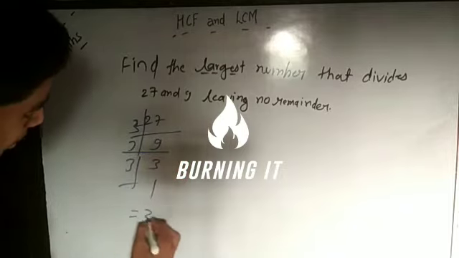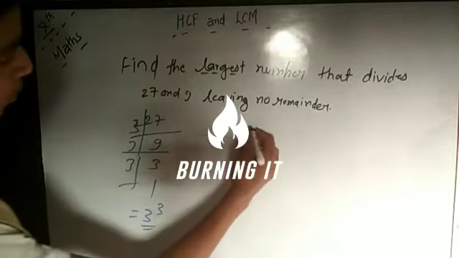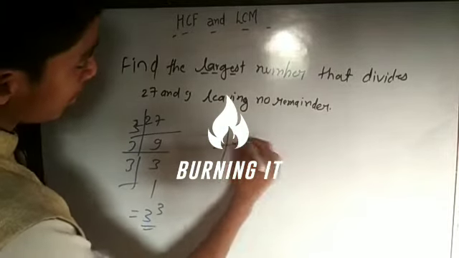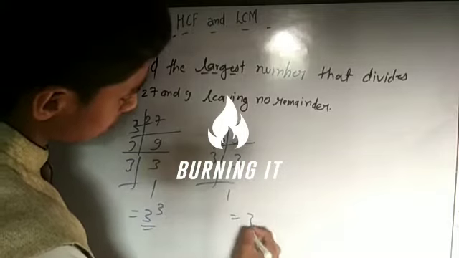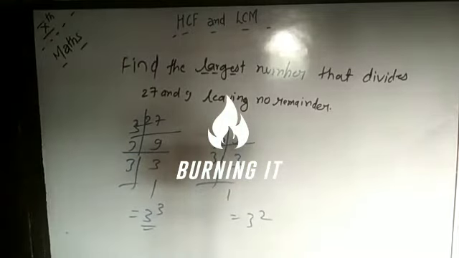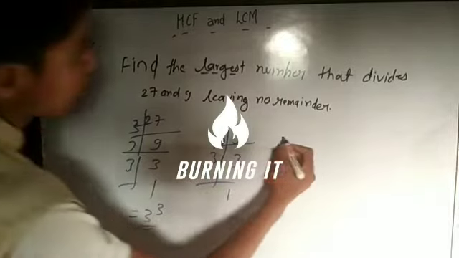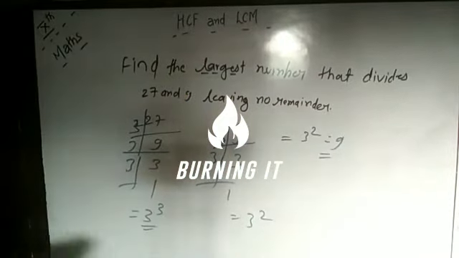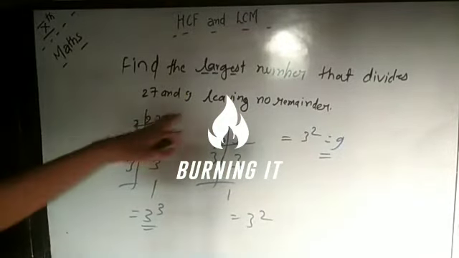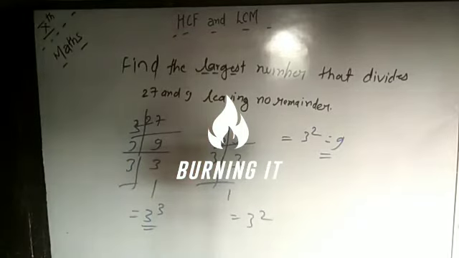We can write it as 3 to the power 3 is equal to 27. What about 9? It is clear that 3 to the power 2 is equal to 9. As I told you, for the HCF we take the highest common power. Then we get 3 to the power 2, equal to 9. Hence, is it clear? 9 is the number which will divide these two terms, leaving zero remainder in each case.